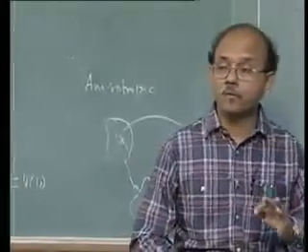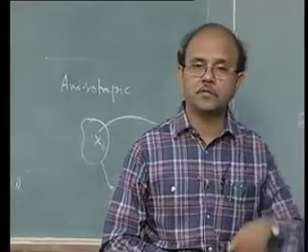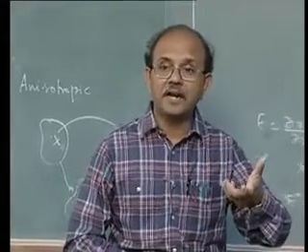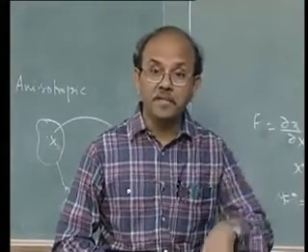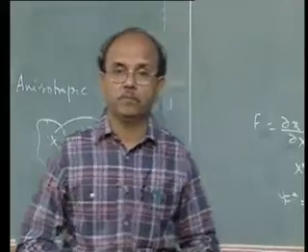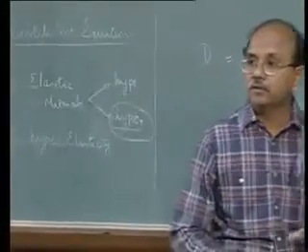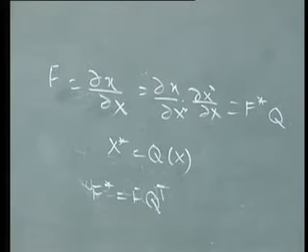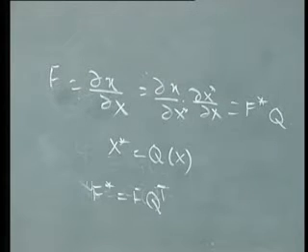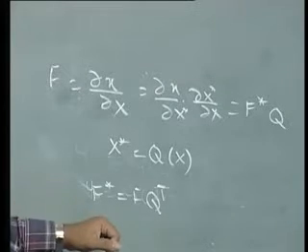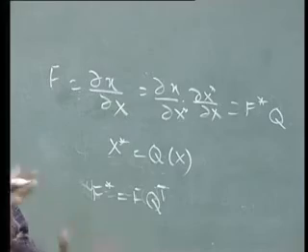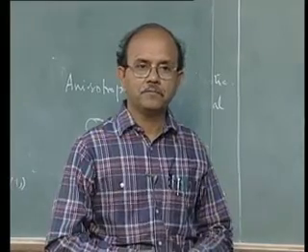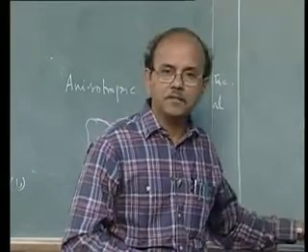In the previous case, I had F to be pre multiplied by Q. So there is a difference between anisotropic material and isotropic material. Is that clear?